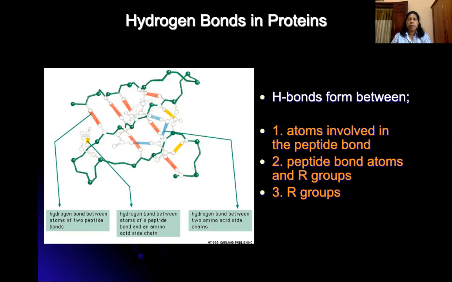The third type is hydrogen bonds between two amino acid side chains. Therefore, you have to understand that hydrogen bonds can be formed in proteins in three ways: between atoms involved in the peptide bonds, between the peptide bond and the R group side chain, or between R groups.